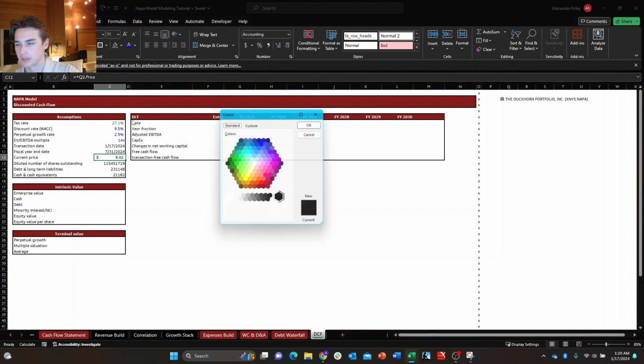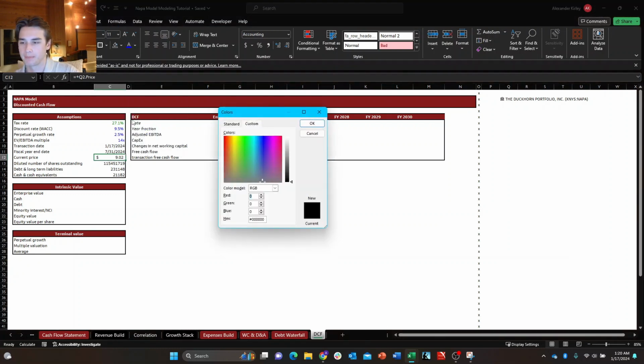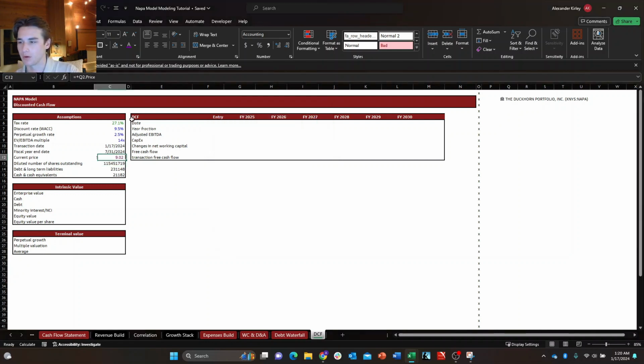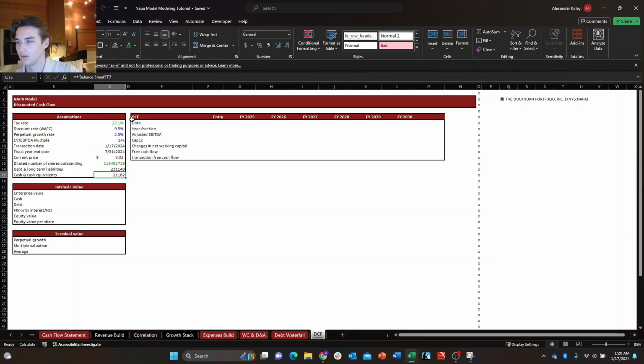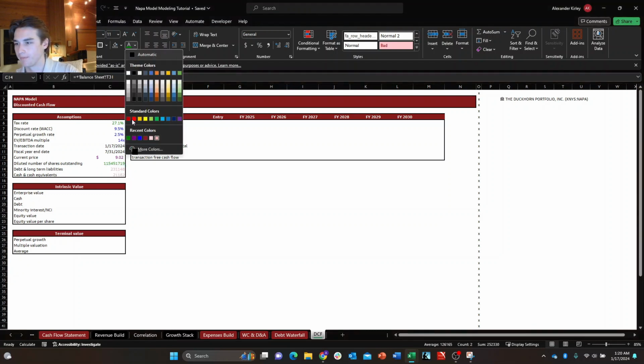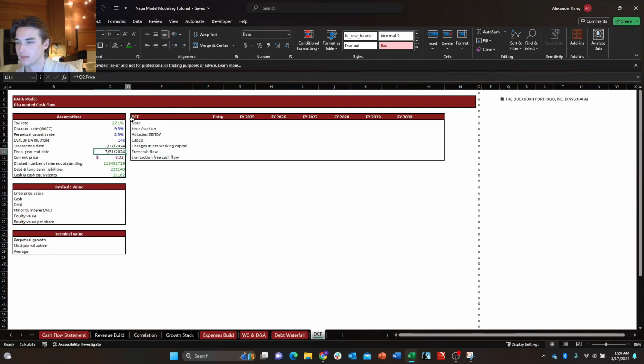Now this is our first out of workbook link. We use purple 131 0131 linked, and then both balance sheet as well. Perfect. Now let's get into building the DCF itself.